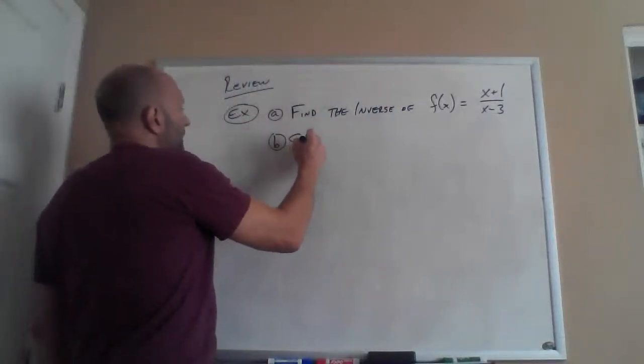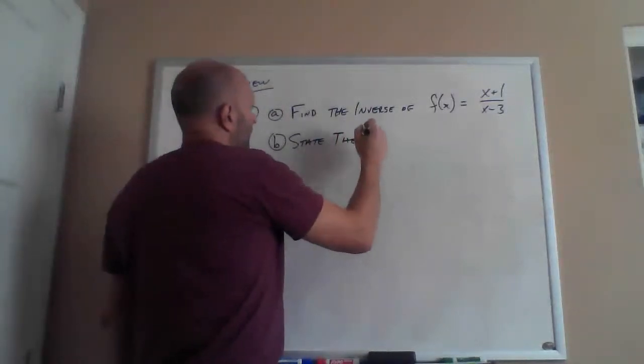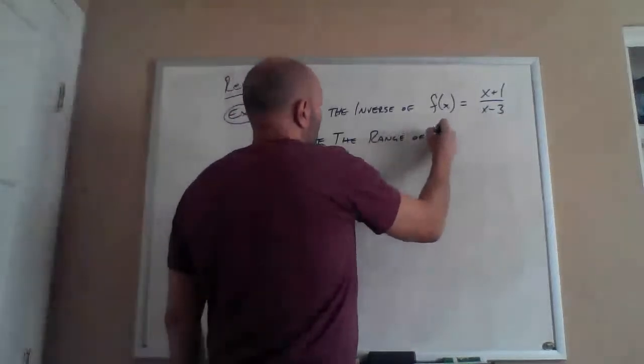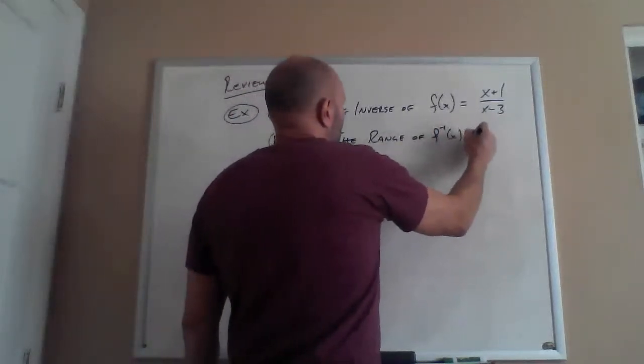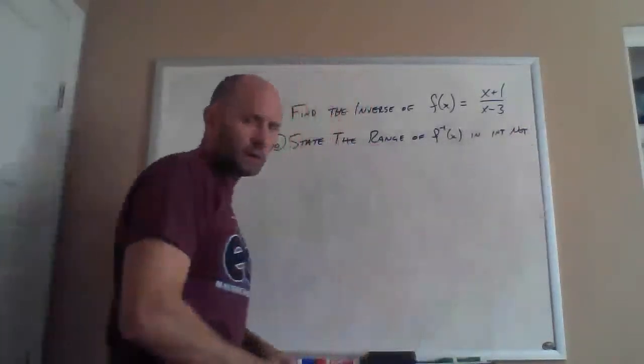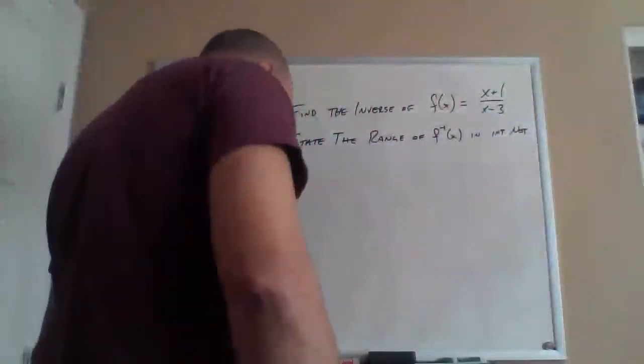And B is state the inverse, state the range of the inverse in interval notation. So go ahead and try that one. Again, once you guys get done, just type done.